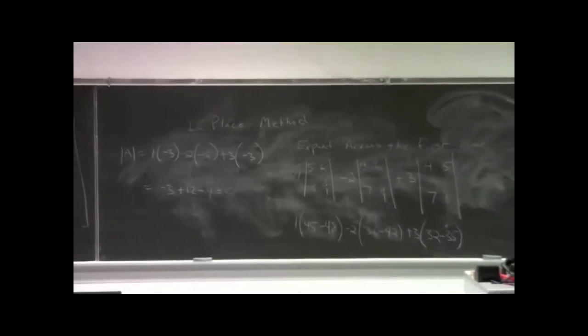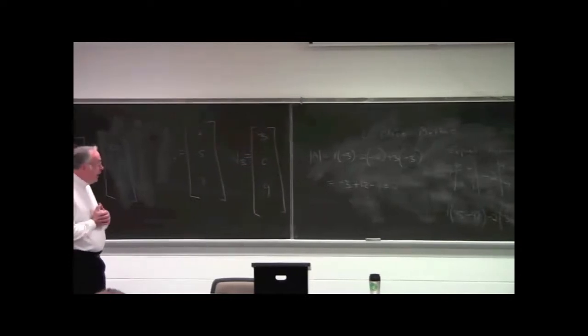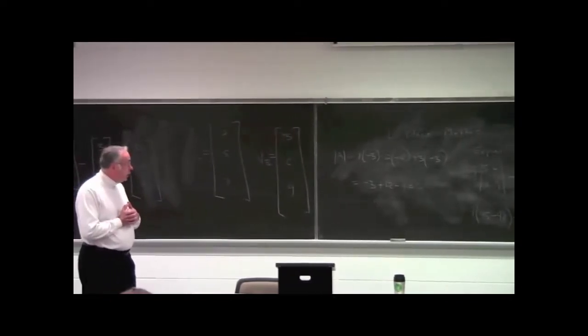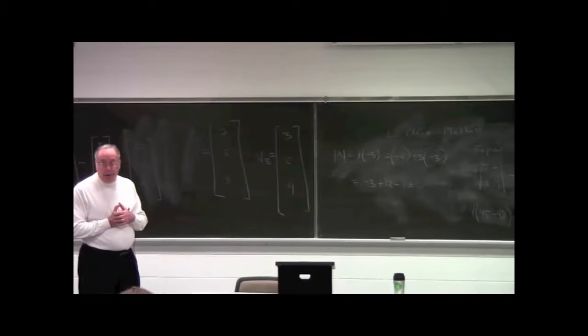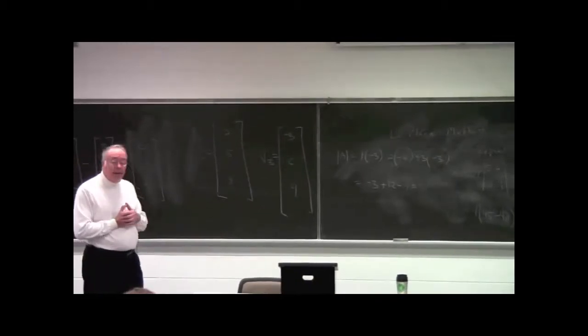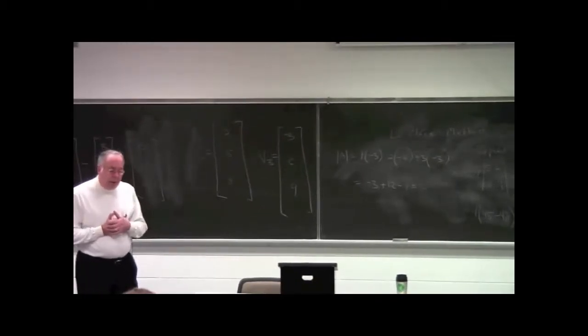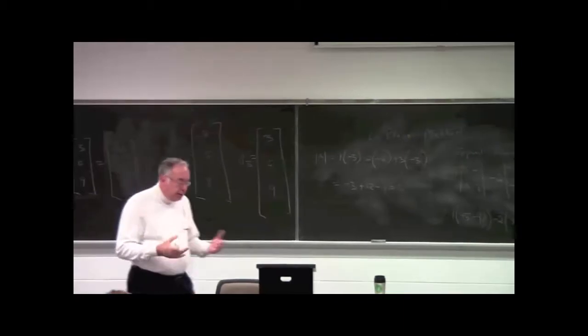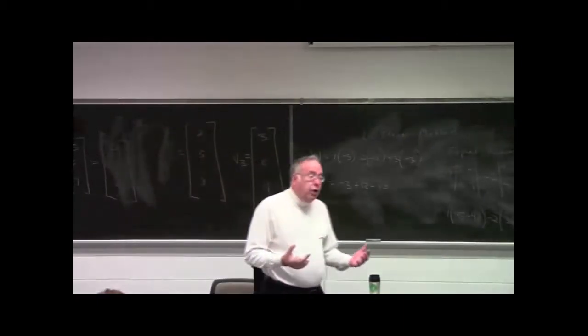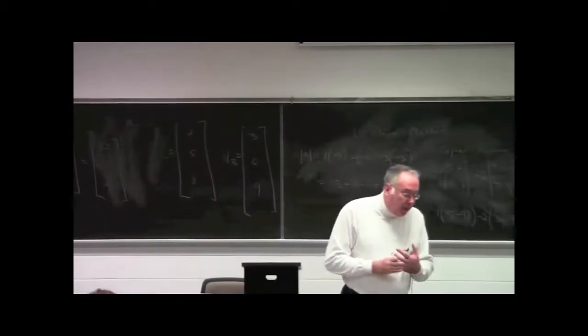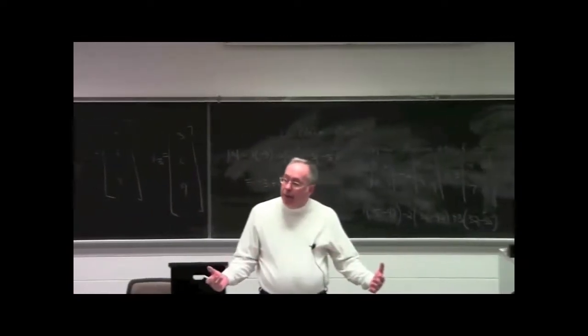If you find the determinant is 0, then that guarantees that the column vectors are linearly dependent. If you find, on the other hand, that the determinant is not 0, then they're linearly independent. So this then is the determinant test for linear dependence and linear independence.